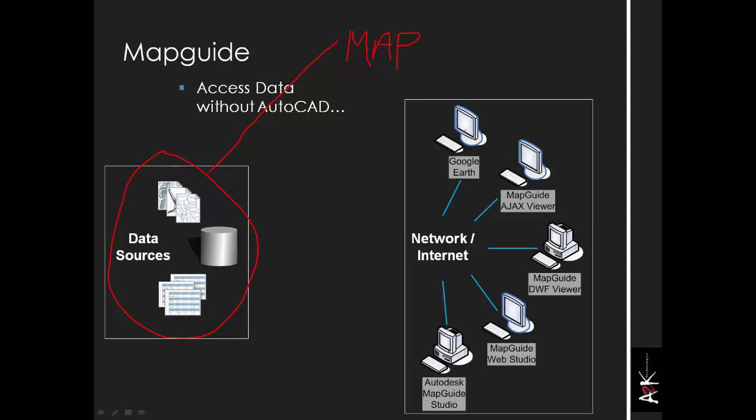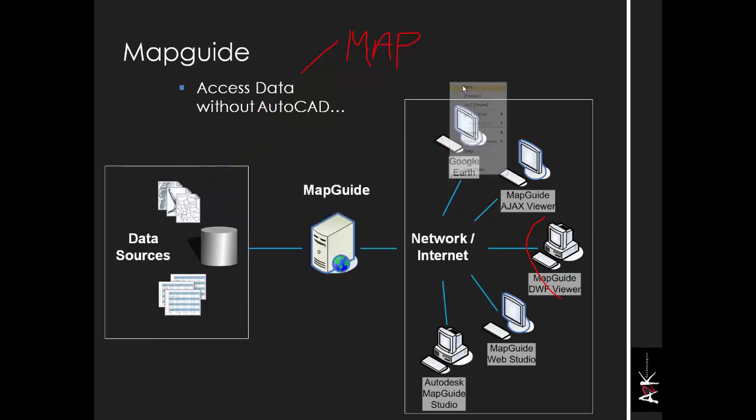So what this diagram represents is that in your office you've got guys with Google Earth, guys with web browsers, guys with everything else, and they want access to the data. So MapGuide sits on the server and it acts as a bridging device. So this data is now available to people who don't have AutoCAD.